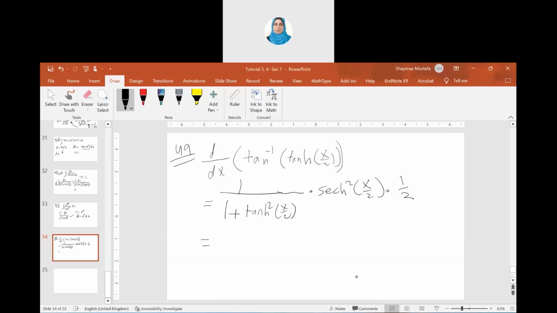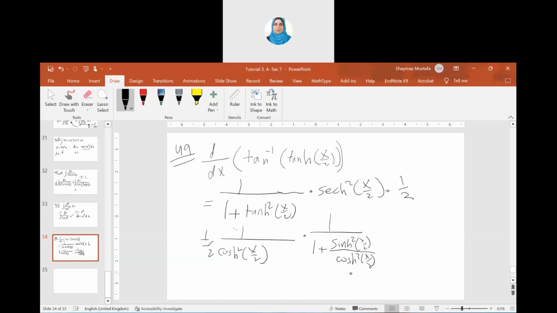Sec square x over 2 is 1 over cos square x over 2, times 1 over 1 plus sine square x over 2 over cos square x over 2.